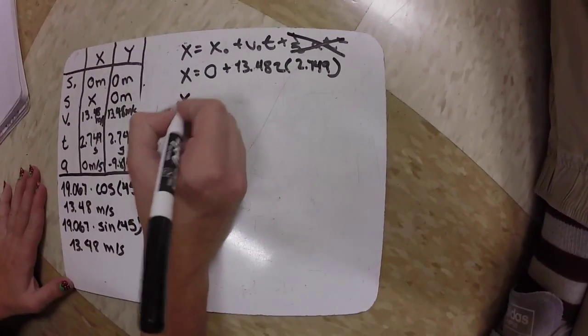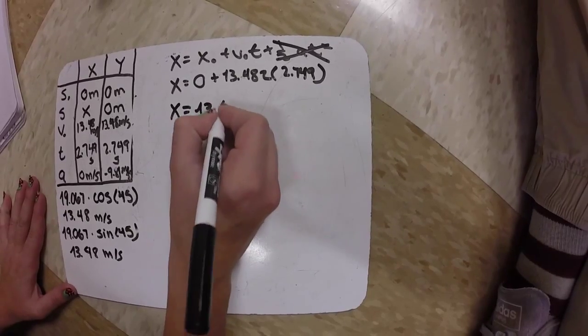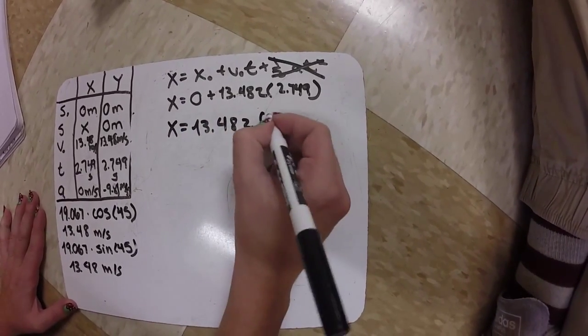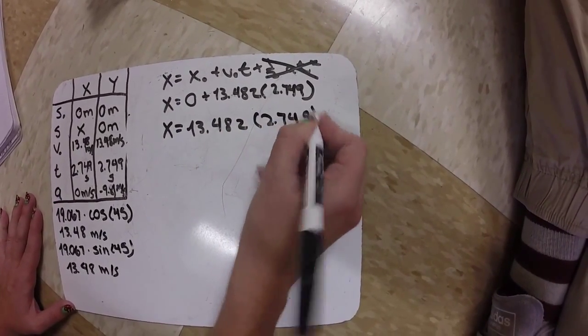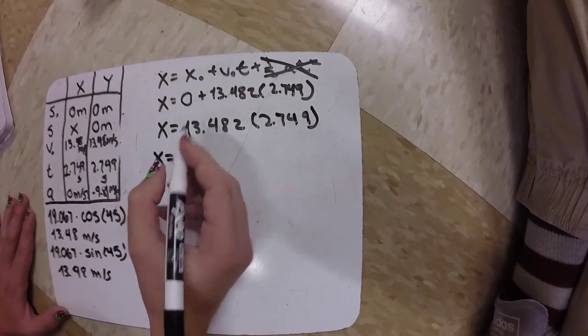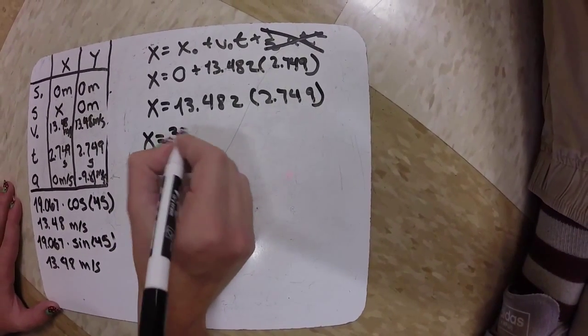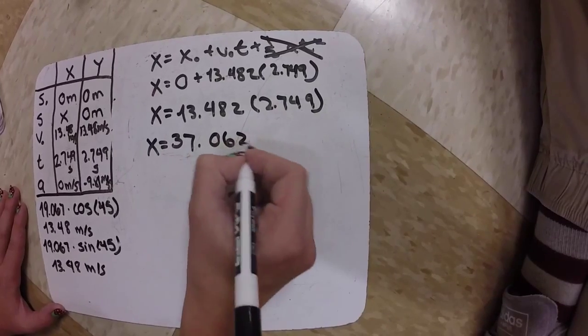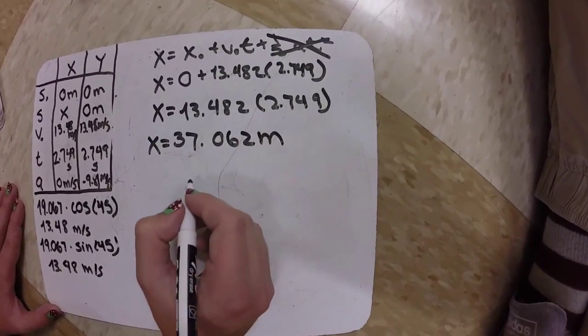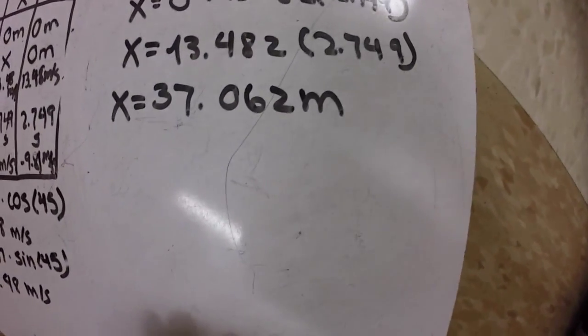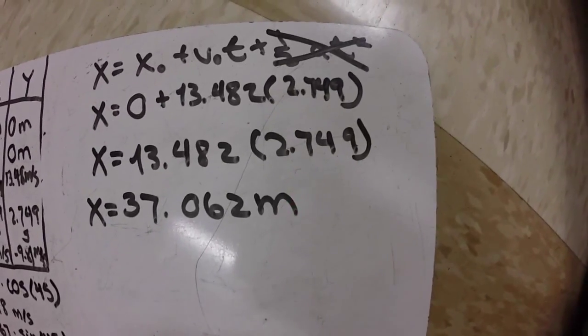So x is equal to 13.482 times 2.749, and when you put that in the calculator, it gives you 37.062 meters, which is our maximum distance if conditions were perfect.